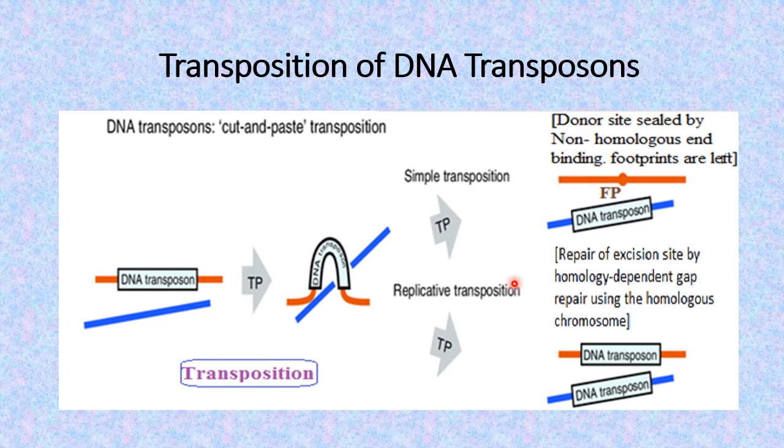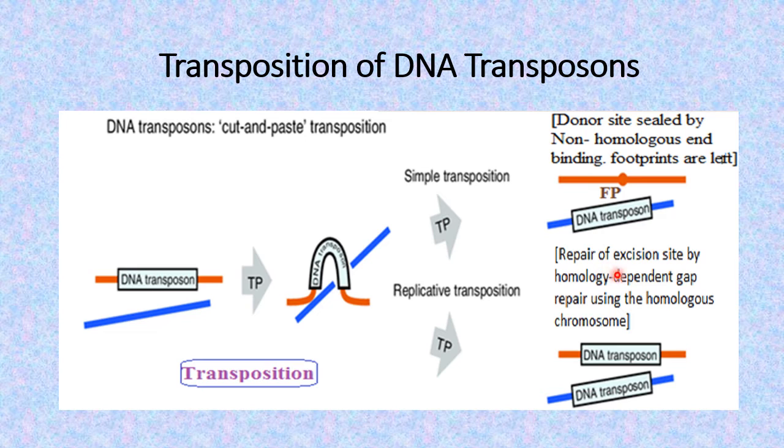However, in certain cases, the donor DNA gives its transposon to the recipient DNA, but it itself generates a similar DNA segment or the same transposon by making use of the homologous chromosome. That is, the cut ends do not ligate directly.